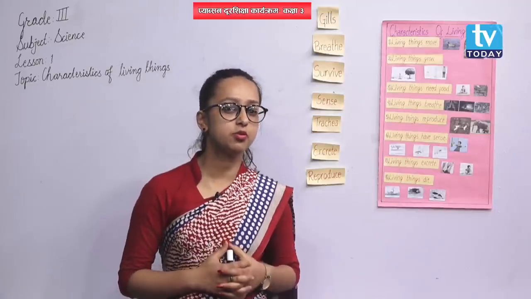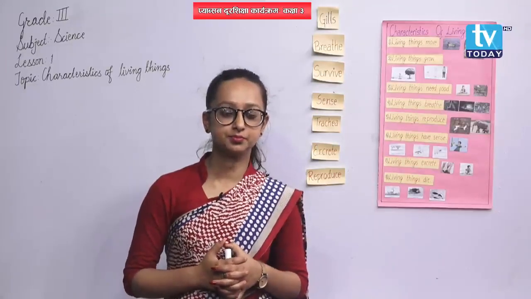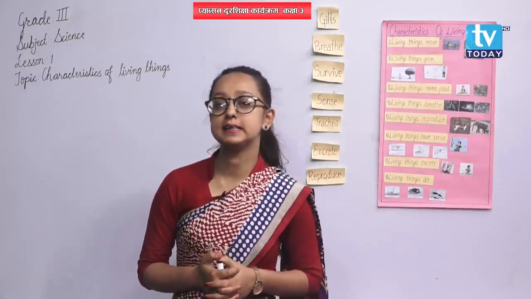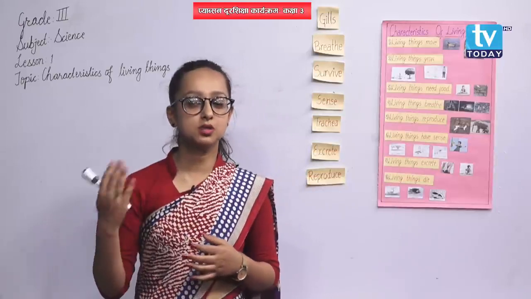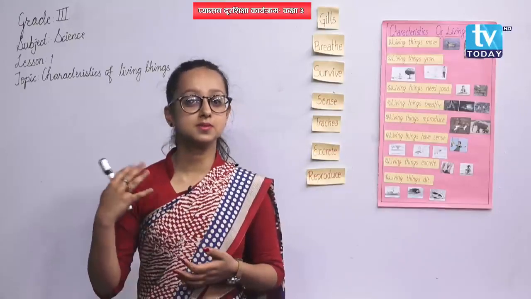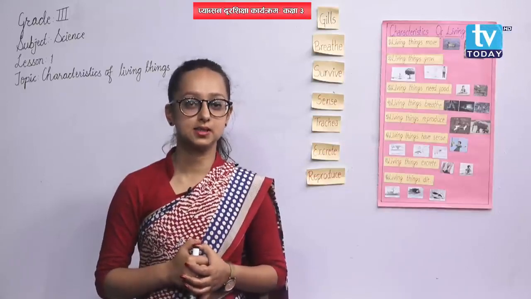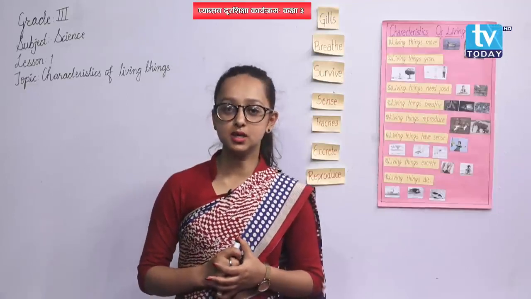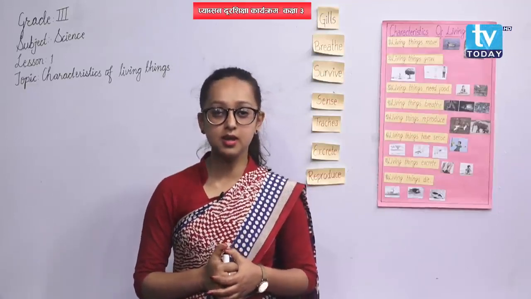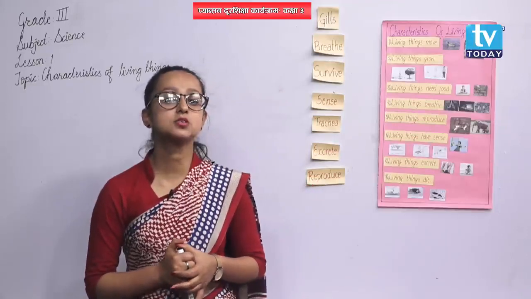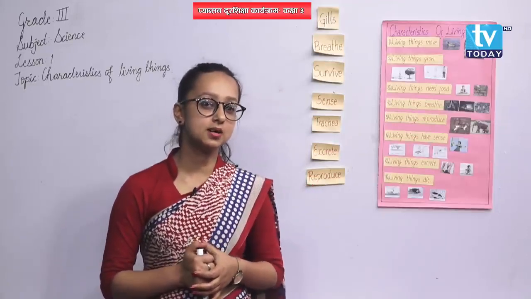Okay. In point number 1, we said living things move. But why do they move? Do you have any reason? Okay. Living things move from one place to the other in search of food or to save themselves from enemies. That is the reason why living things move from one place to the other. Okay. And the next term we discussed here was stomata. What are stomata?